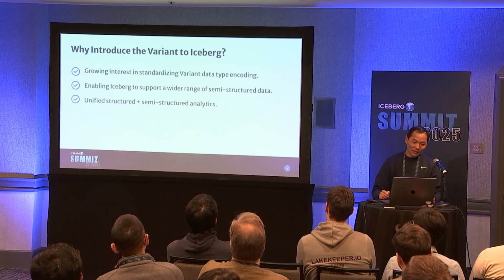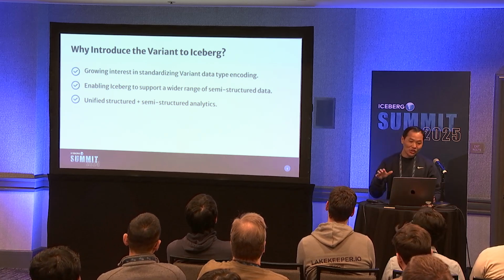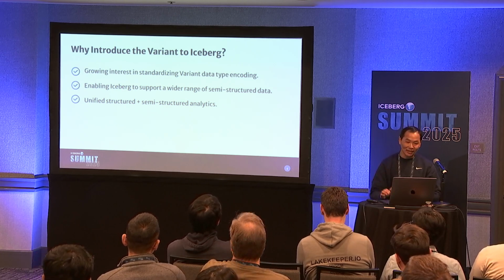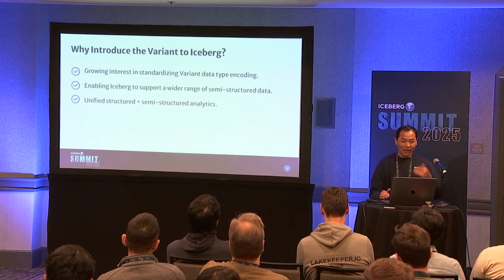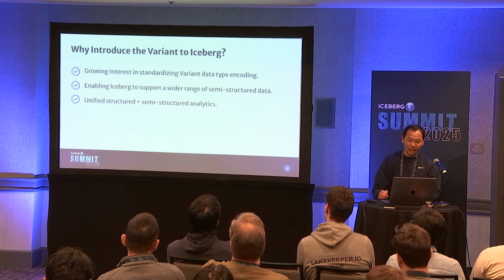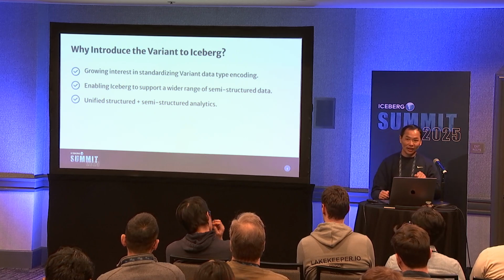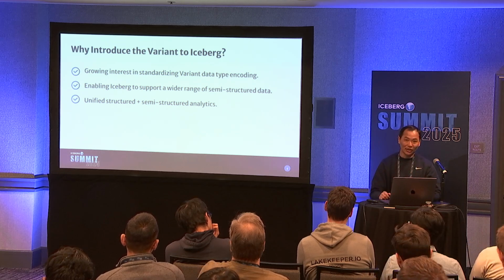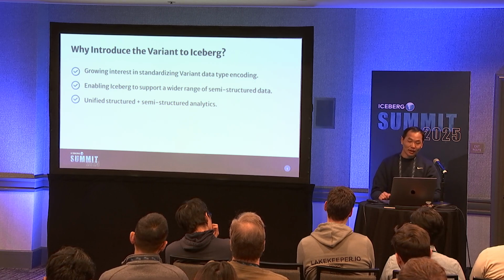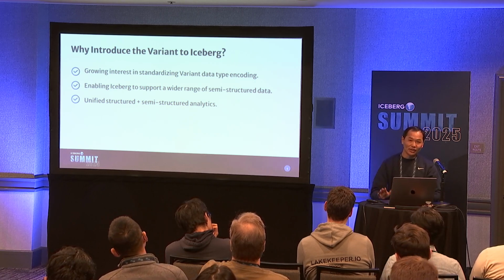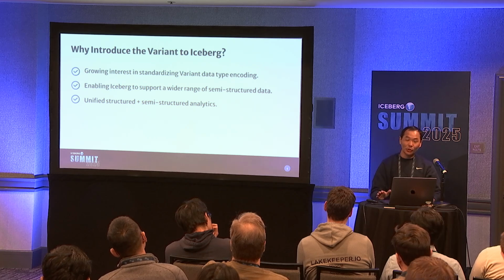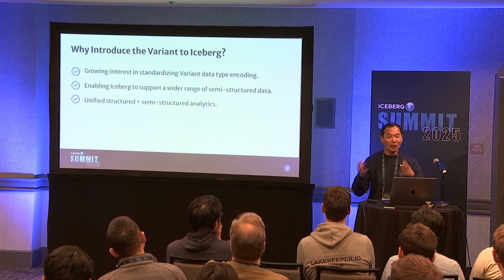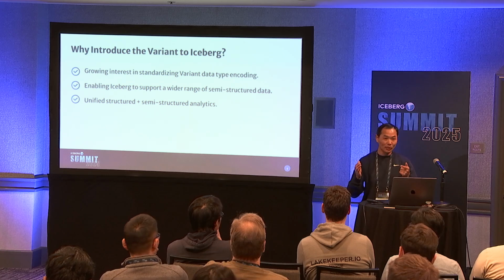The second is, as I mentioned, variant can support semi-structured data. With such support in Iceberg, you will find you can handle a wide range of semi-structured data. You don't have to create very complex logic when you handle data.